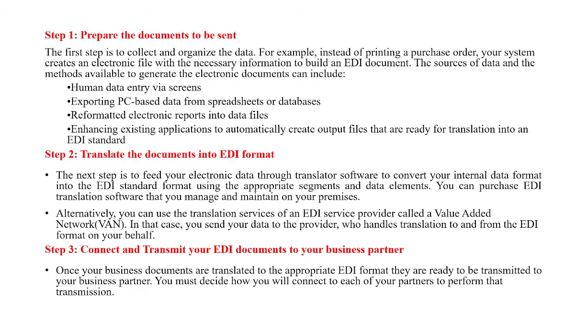Now let us see what happens in the first step, second step and third step. In the first step, we collect and organize the data. For example, instead of printing a purchase order, your system creates an electronic file with the necessary information to build an EDI document.